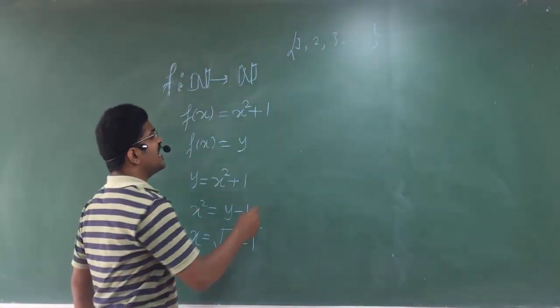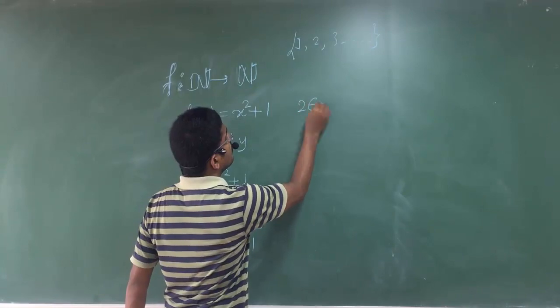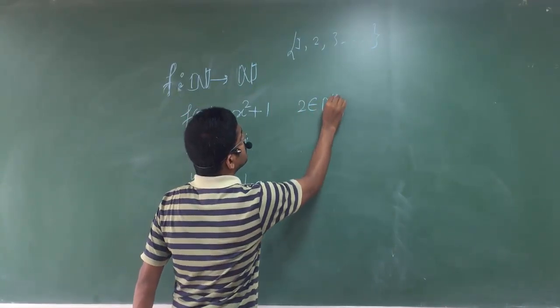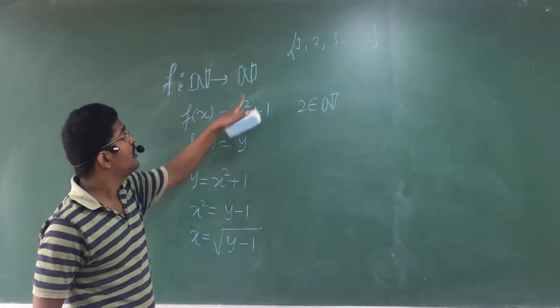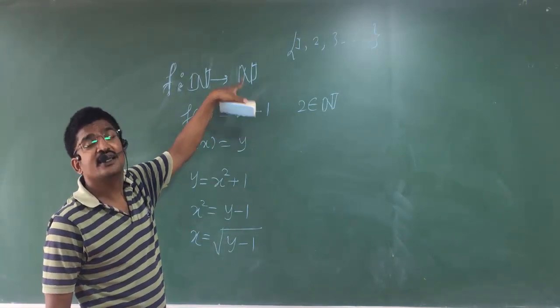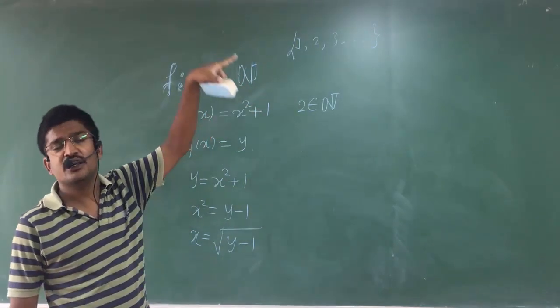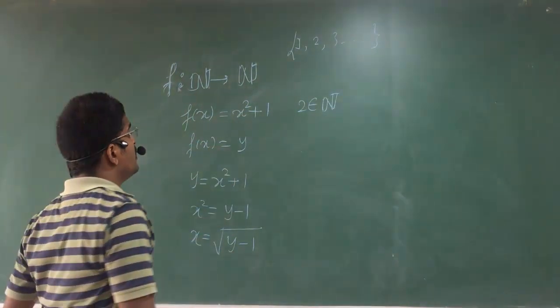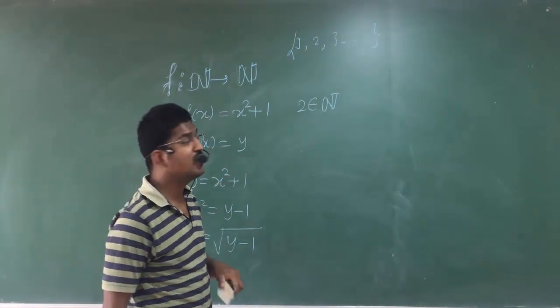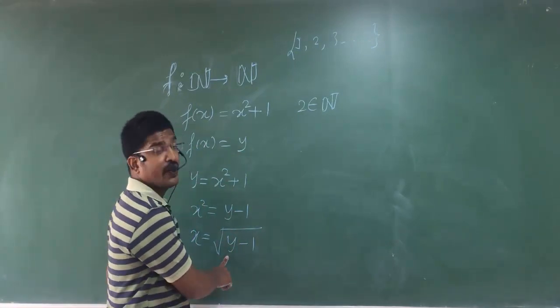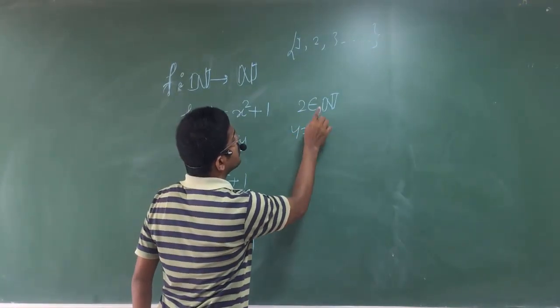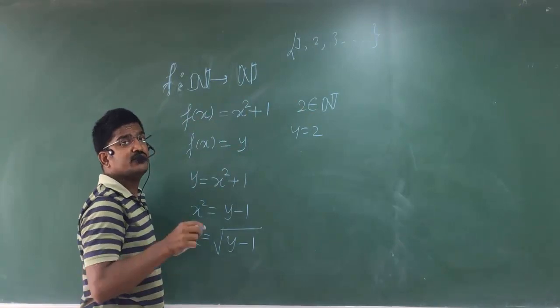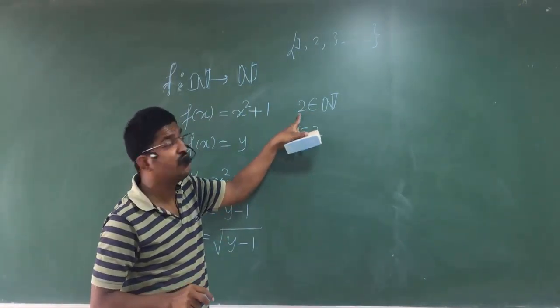Again, 2 belongs to the natural number set, 3 belongs to the natural number set, 4 belongs to the natural number set. If I take 2 here, what will happen? Y equals 2, because this 2 is in the codomain. I am checking the pre-image of 2 from the codomain.